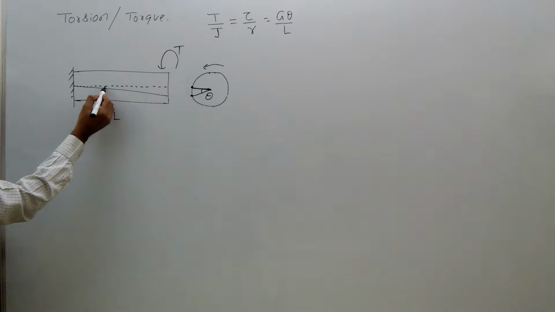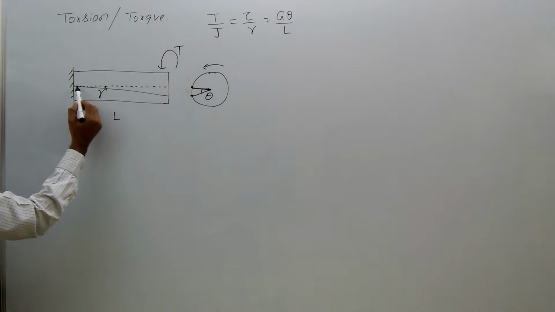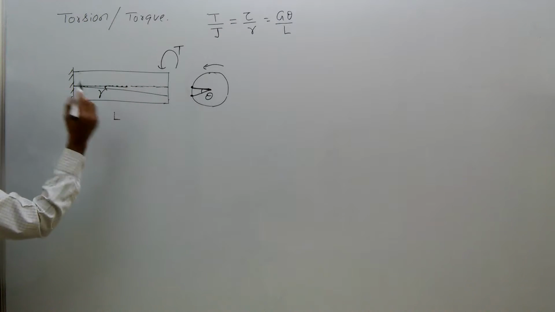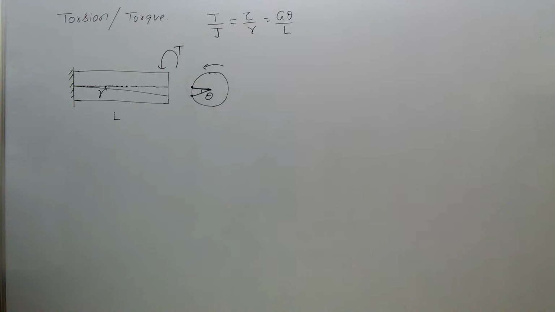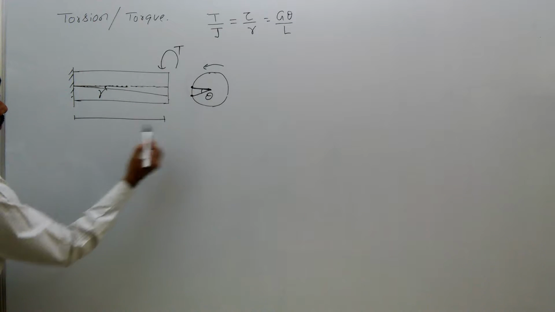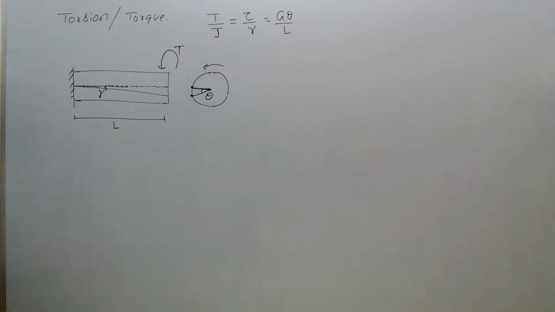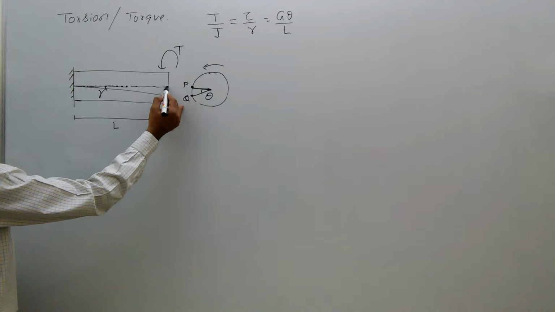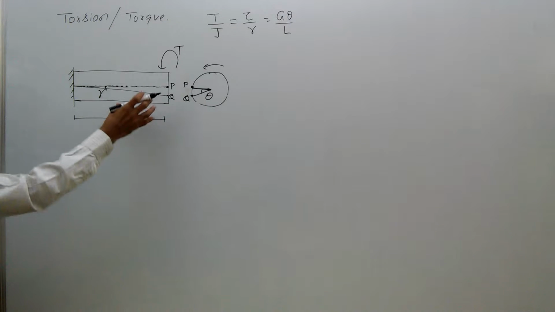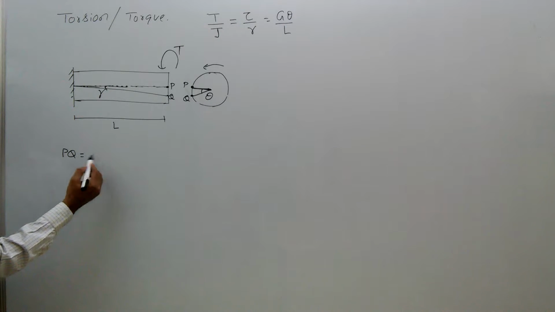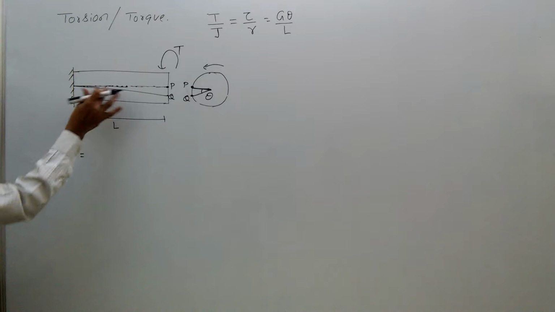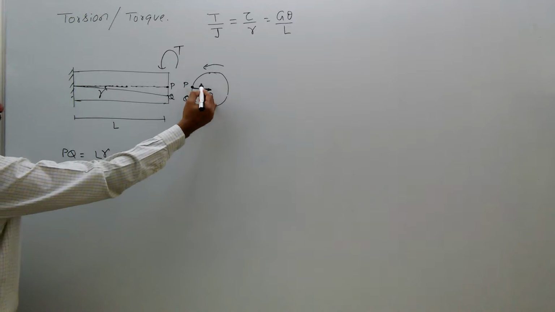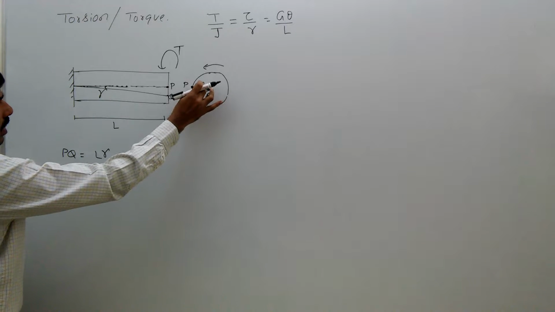Suppose this angle is gamma. This angle is gamma because the initial horizontal line on the shaft becomes this line after applying torque T. This length is L. Now this point is P, this point is Q. From this, PQ equals L into gamma, length into gamma, and suppose this is the radius capital R, PQ is also equal to R into theta.